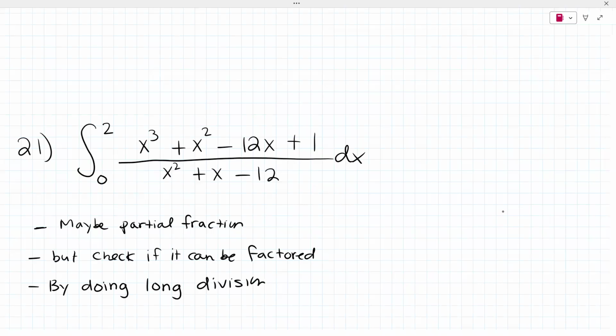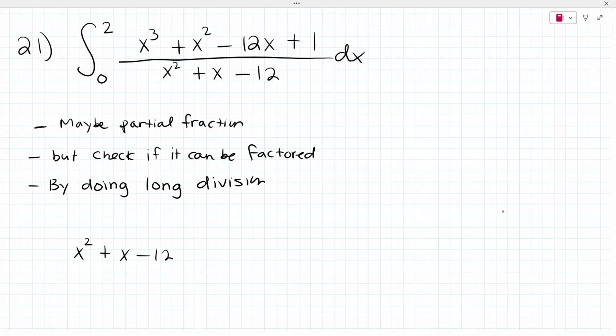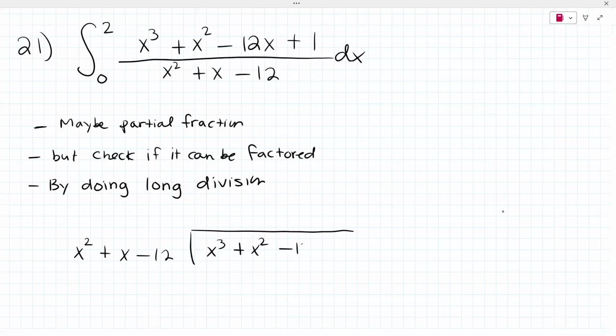So let's do that. Let's do long division. So you get x squared plus x minus 12, and then it's going to be long division, which is x cubed plus x squared minus 12x plus 1.